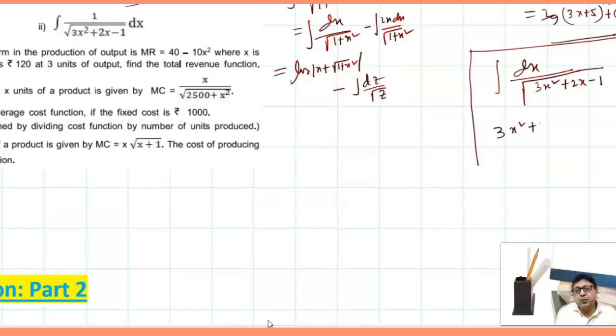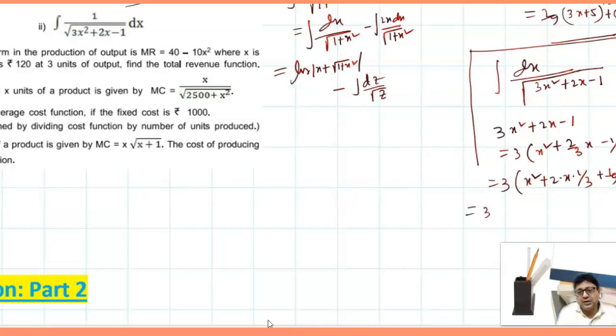You need to change this one into standard integral. You go by method of completing square here. Take 3 as common. It will be x square plus 2 by 3x minus 1/3. This is nothing but x square plus 2x into 1 by 3 plus 1 by 9 minus 1/3. So this is x plus 1 by 3 whole square. This is something like the method of completing square which you are doing from class 7 or 8.